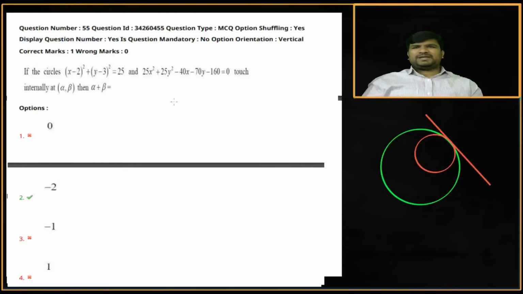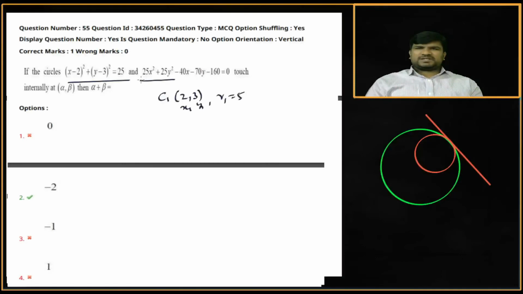So here the external center is alpha, beta. We have to find alpha plus beta. The first circle is given in central form, so its center C1 is (2, 3), that is our x1, y1, and radius is 5.